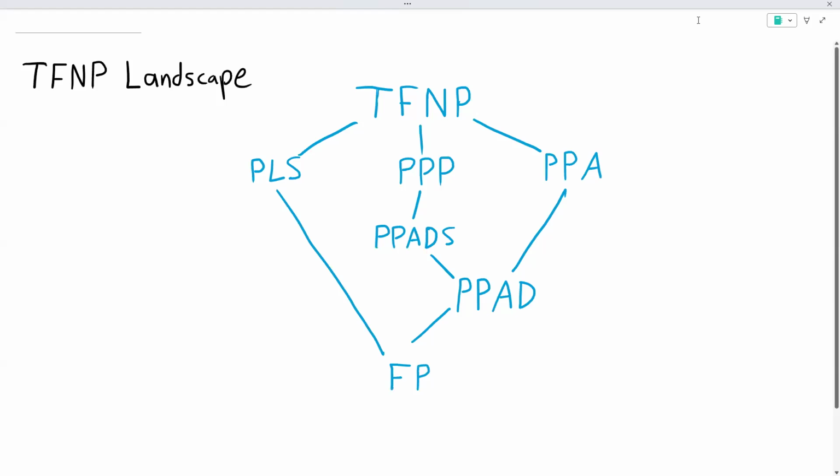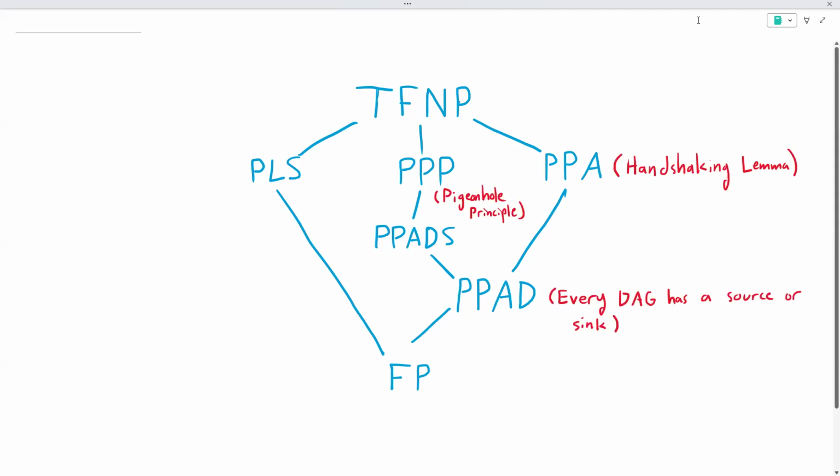Okay, so let's take a look at the TFNP landscape. We have a bunch of syntactic TFNP subclasses, all corresponding to different combinatorial principles. For example, we have PPP, corresponding to problems reducing to the pigeonhole principle. We have a class PPA corresponding to the handshaking lemma, and PPAD for every DAG has a source or a sink.